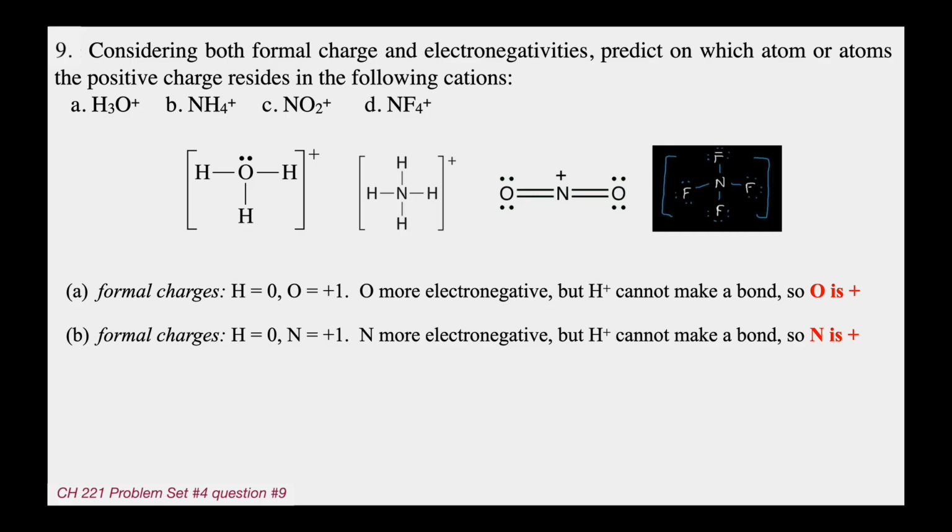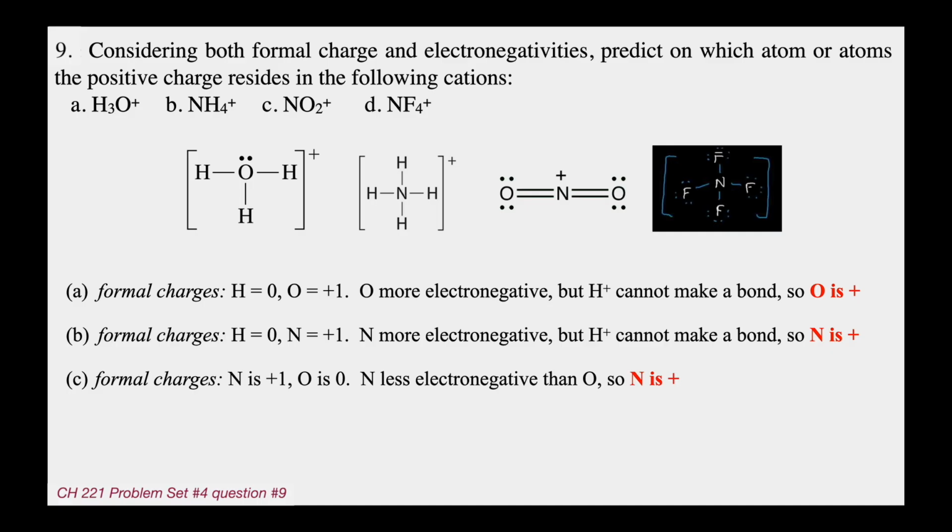Now, the last two are a little bit easier because nitrogen, although electronegative, is nowhere near as electronegative as oxygen or fluorine. So automatically, you can predict that the positive charge is going to be on the nitrogen in both C and D. And that's definitely what you see. The outside atoms of a molecule will almost always have a filled octet.